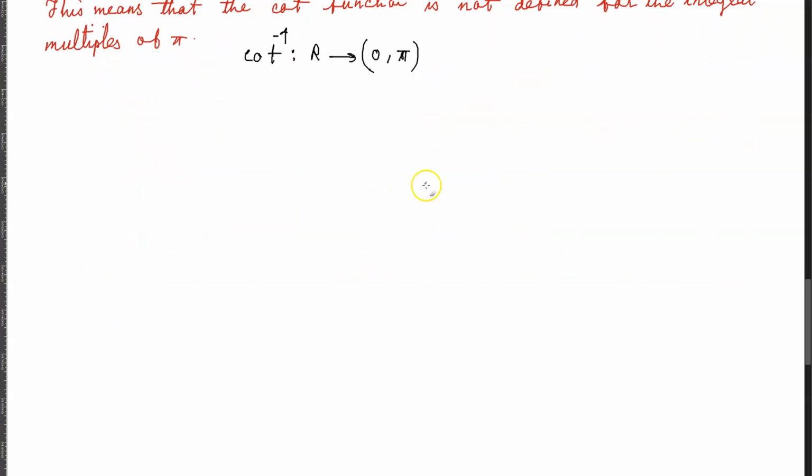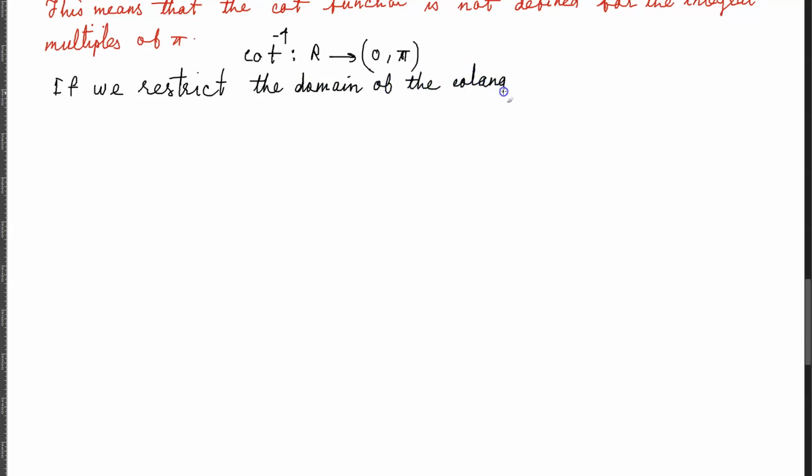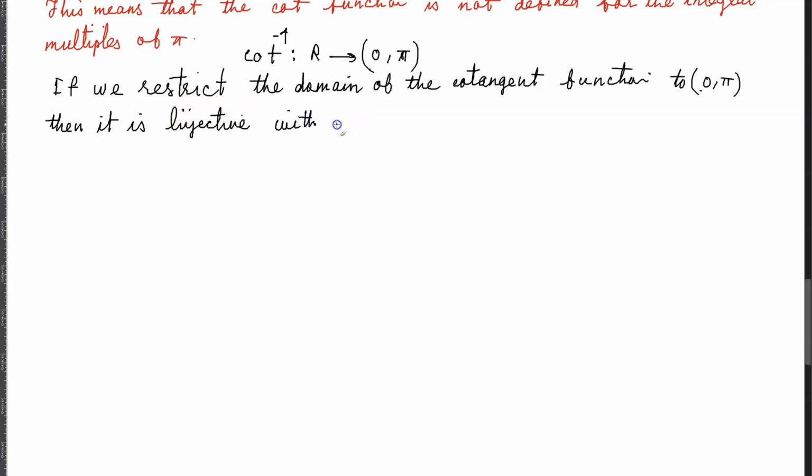So what we said is that if we restrict the domain of the cotangent function to 0 to pi, then it is bijective with its range as R, right?